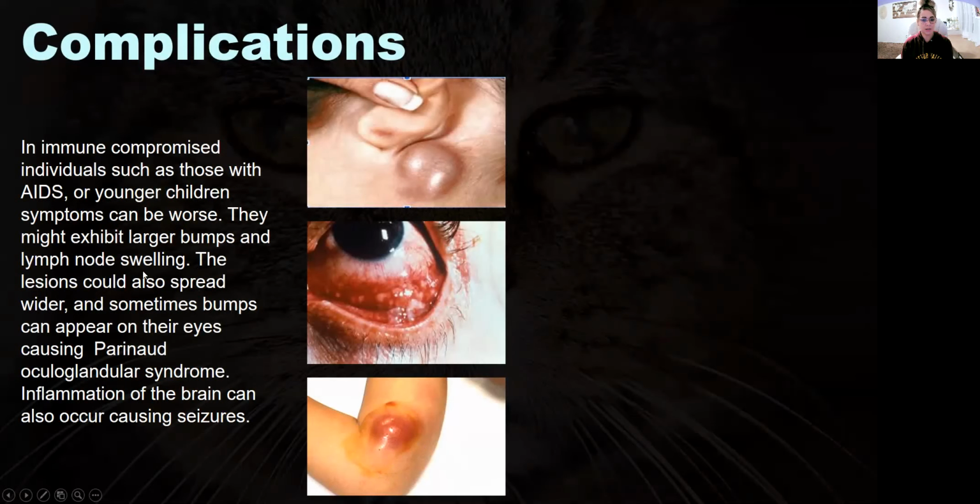Now, the lesions could also spread wider, and sometimes the bumps can even appear on their eyes, such as this one right here, causing a condition called Parinaud oculoglandular syndrome. Inflammation of the brain can also occur, which would then cause seizures. Once again, those are rare cases.